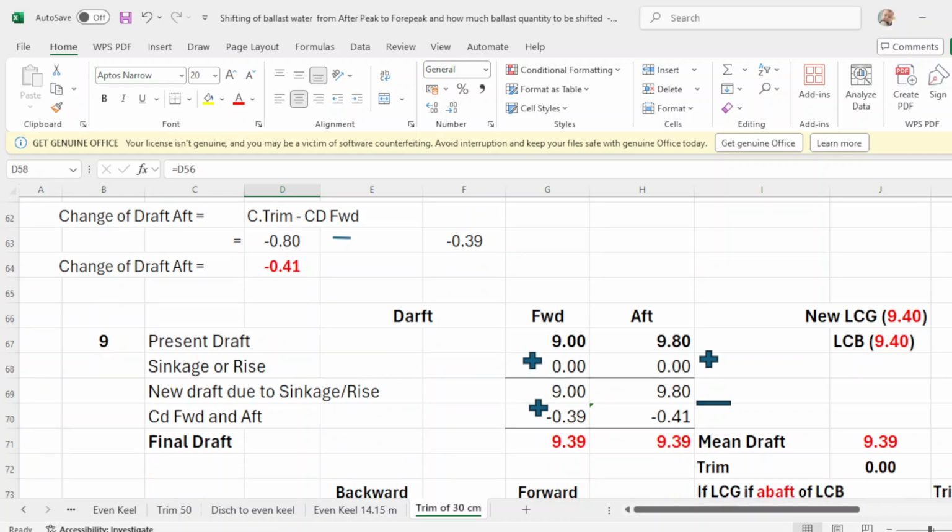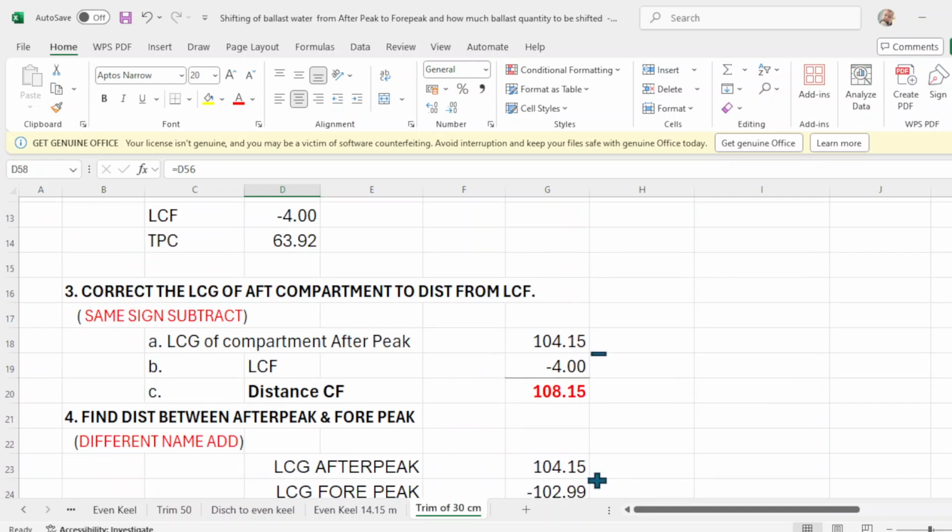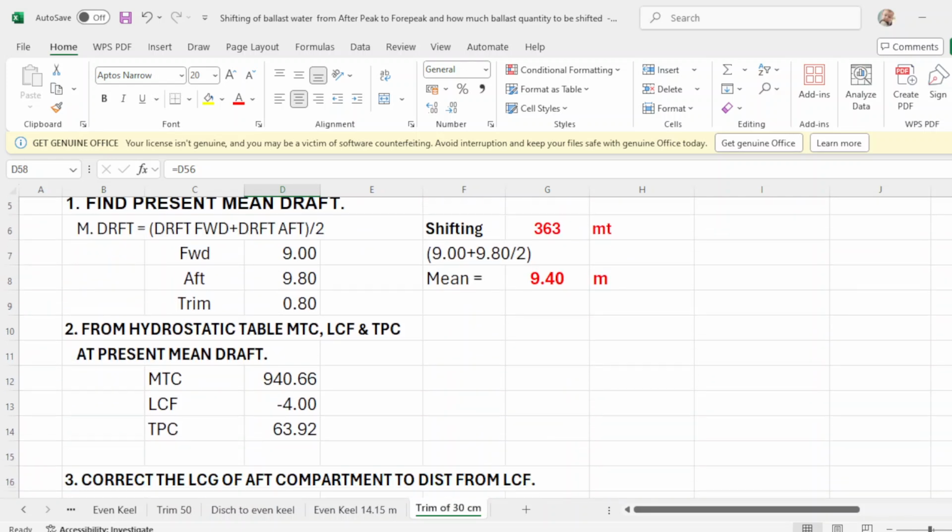Okay, so 9.39. What will be the LCB of 9.39? What's supposed to be? Look guys, since your mean drop is 9.40, this should never change because you're shifting only the cargo.